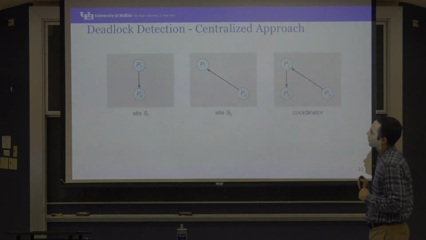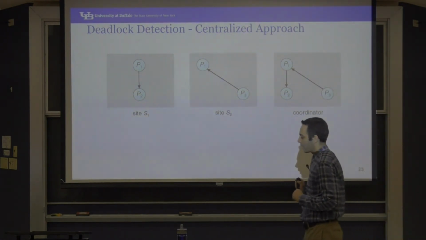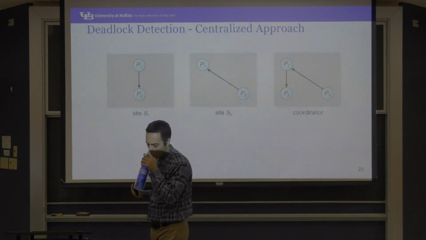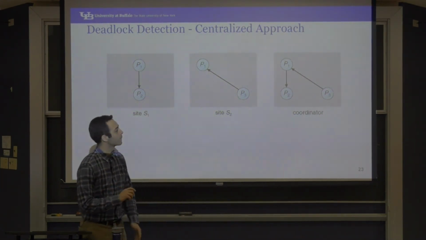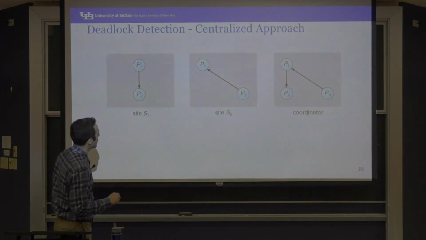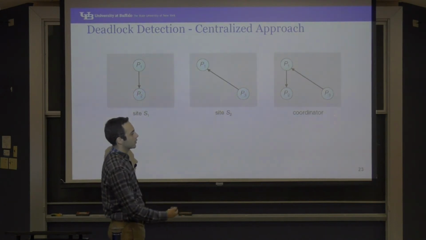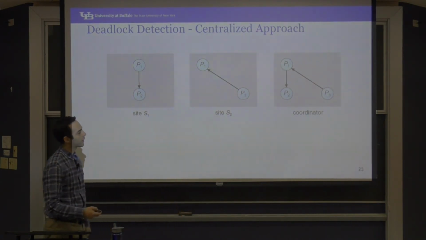So, one issue with that, though, is the order of the reception of the messages, right? So in this case, let's say we have site 1 and site 2, and now we have the coordinator. The coordinator can be a different site, or it can be just one of these sites, it doesn't matter.